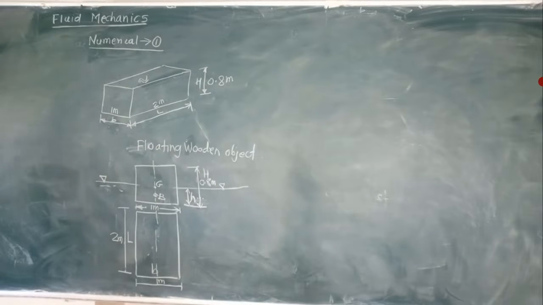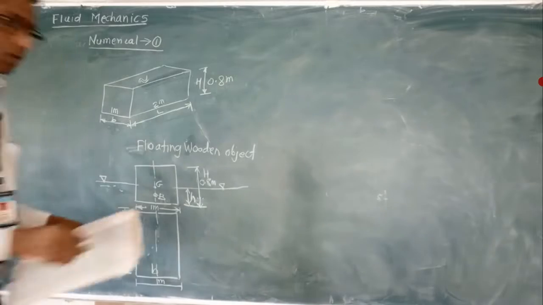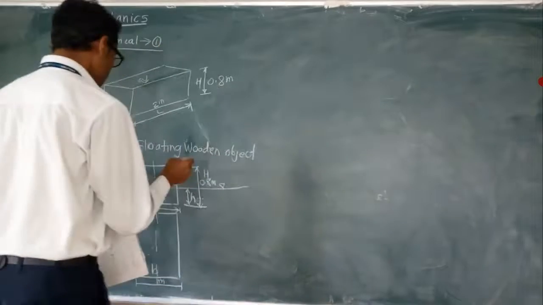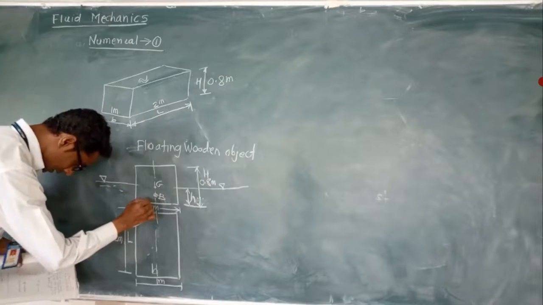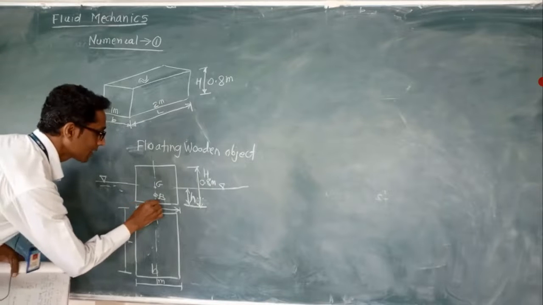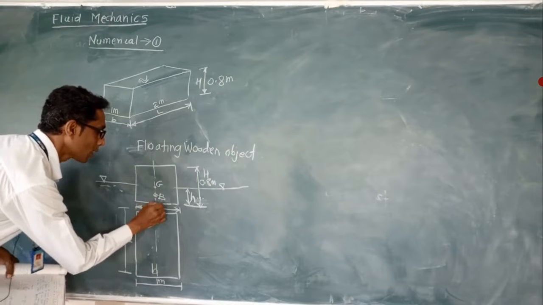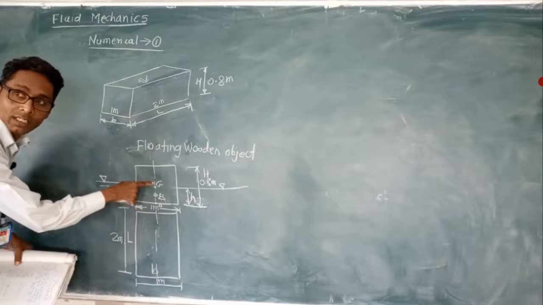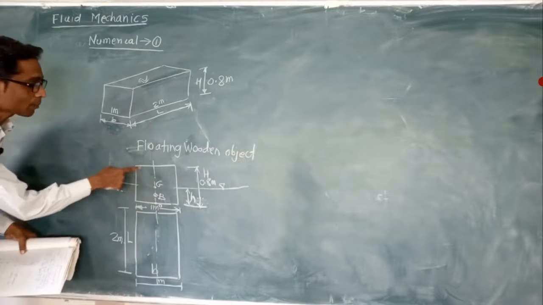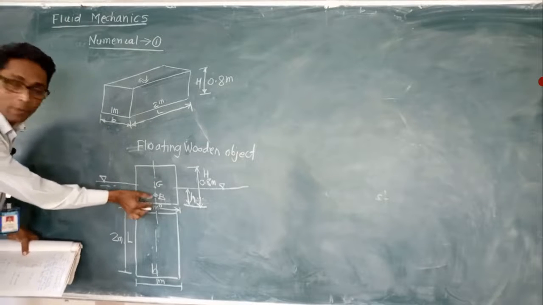Okay, so from the diagram now you can first of all give the notations. Here we will have the point. At this point give the letter O. So O into G, distance OG will be what? Half of the height, and OB will be what?